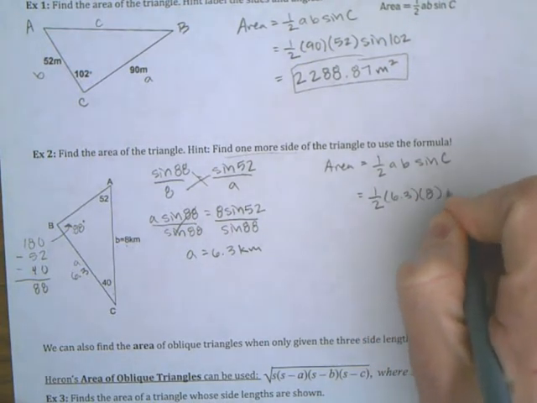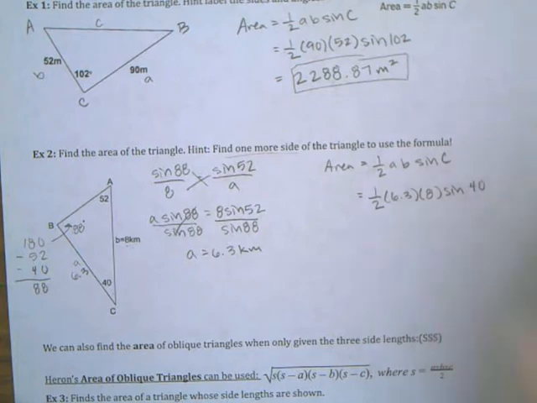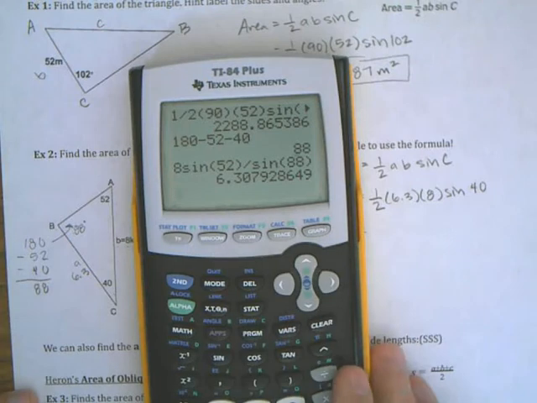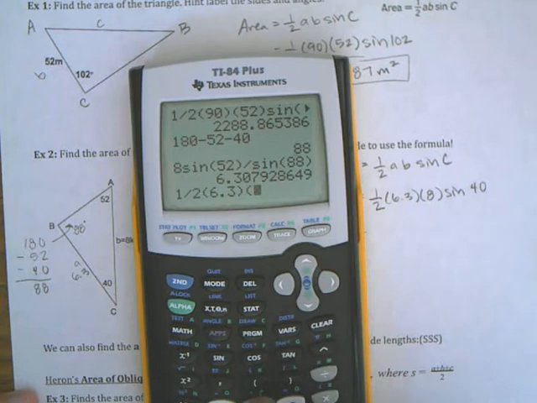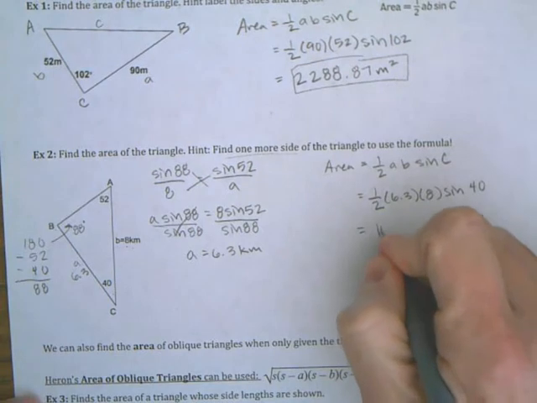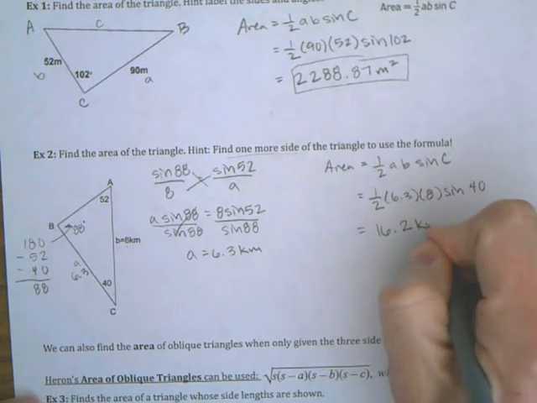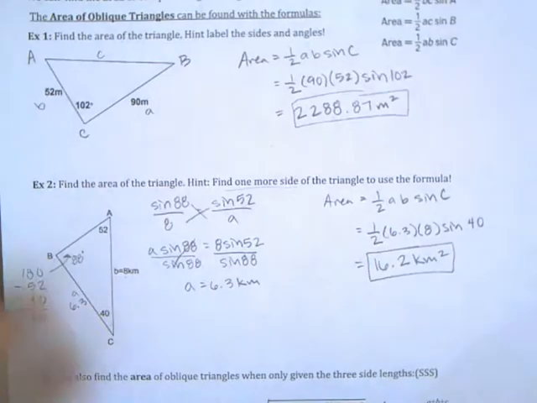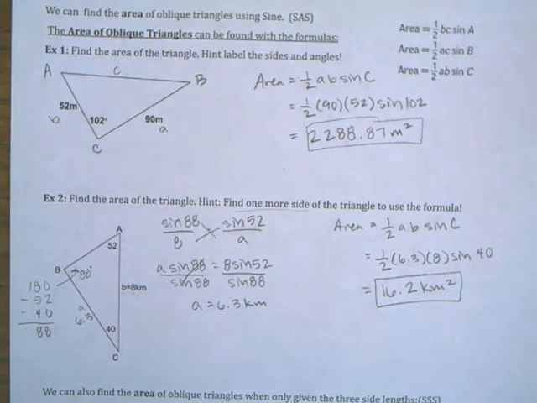Plug that in your calculator. 16.2 kilometers squared. Alright, feel free to stop, rewind, double check. Try those ones on your homework right now, or continue on.